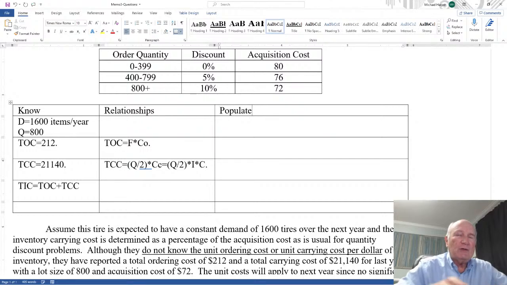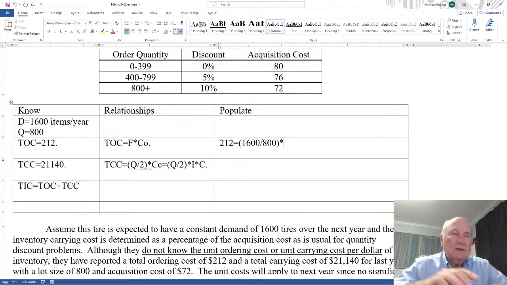Right here the total ordering cost is 212 equals what's the order frequency? Well, we know what the order frequency is, right? That equals D over Q. That equals 1600 divided by Q of 800 times our unit ordering cost.